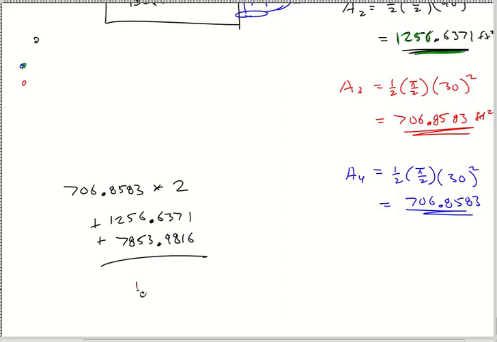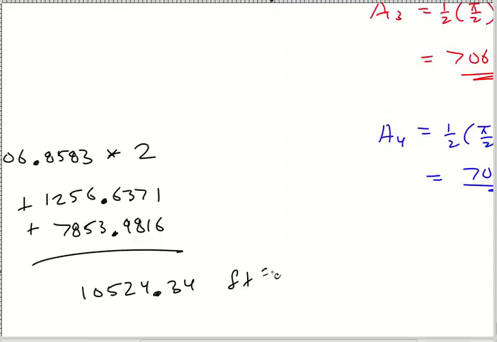Add it all up, I got 10524.34. And that's what they're going to want. This is feet squared. Oops. Well, now it's zoomed in. And that's it. Cool. And actually, we're done with that section finally.